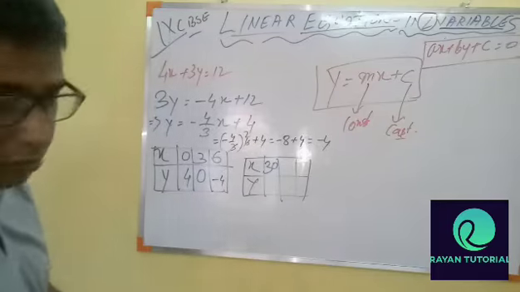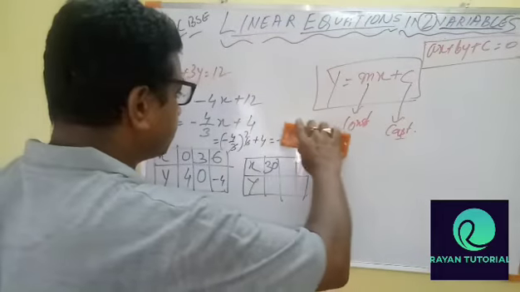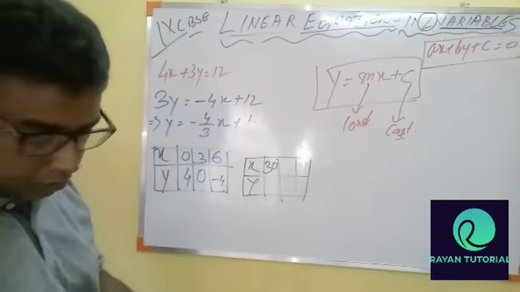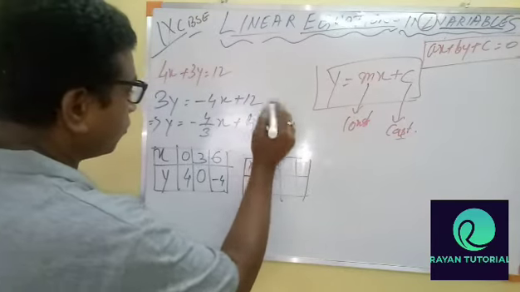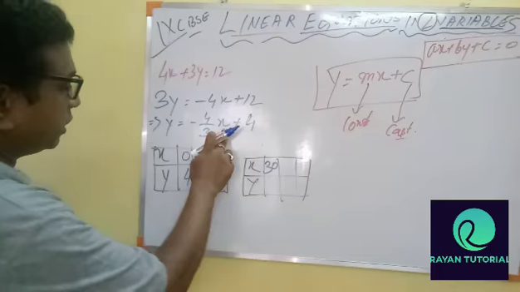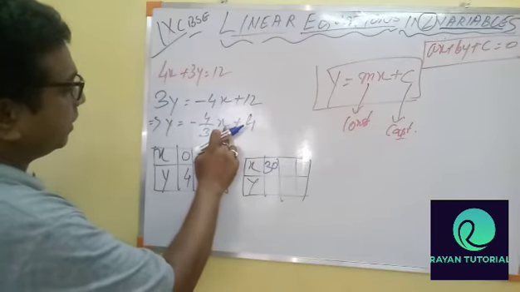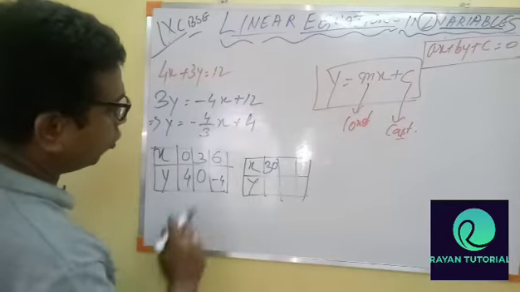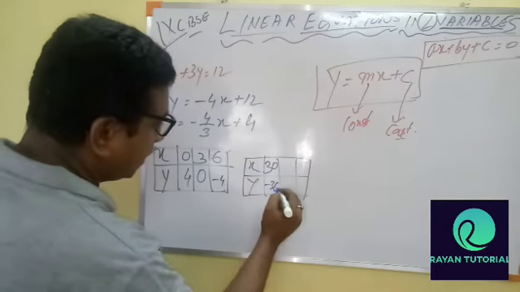So if I put x equals 30, 3 tens are 30, so minus 40 plus 4, minus 36.